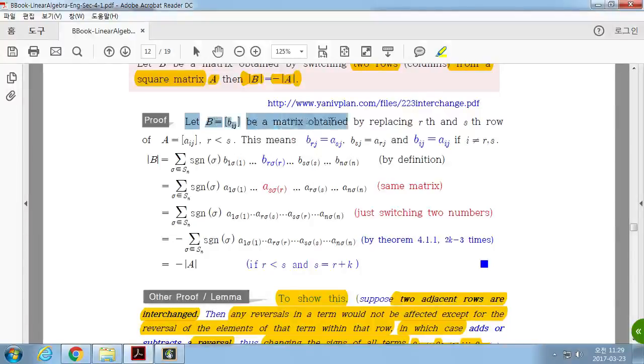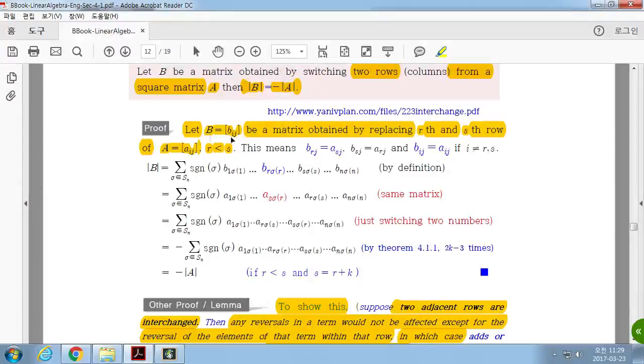Let B be a matrix obtained by interchanging the R-th row and the S-th row of A. Assume R is strictly less than S. Then all the entries of B are the same as A except the R-th row and the S-th row. The R-th row of B is actually the S-th row of A, and the S-th row of B is the R-th row of A because we switched them.